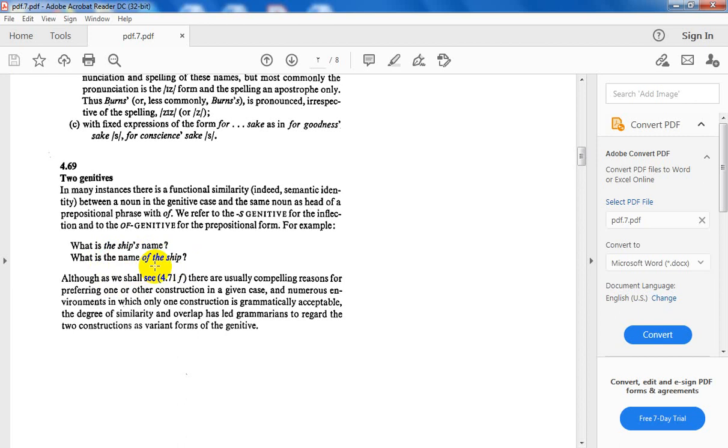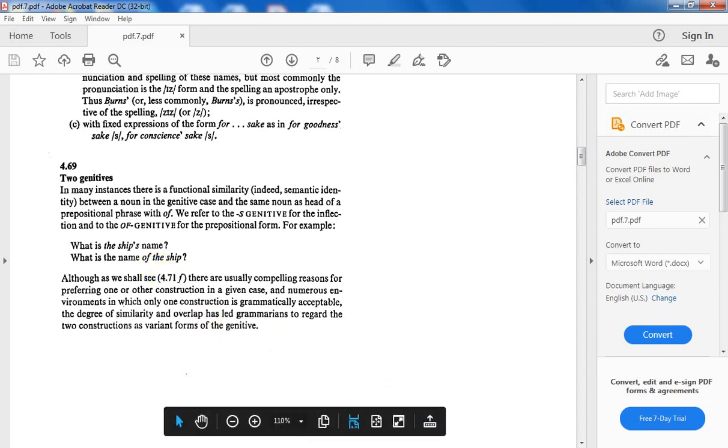Again, there are usually compelling reasons for preferring one or other construction in a given case, and numerous environments in which only one construction is grammatically acceptable. The degree of similarity and overlap has led grammarians to regard the two constructions as variant forms of the genitive. So my question is, or you may ask me, is it free?